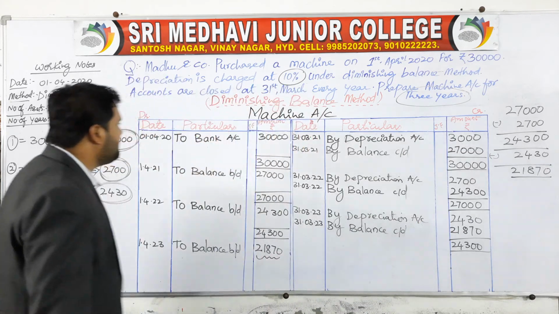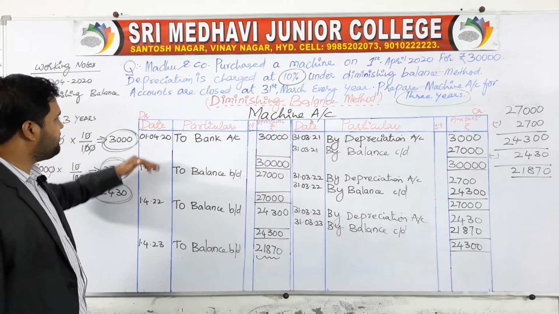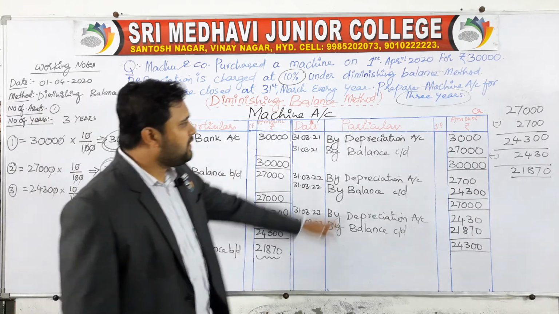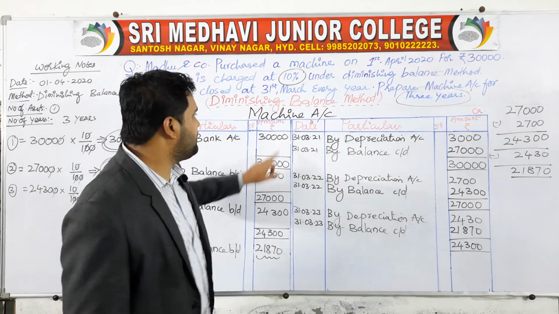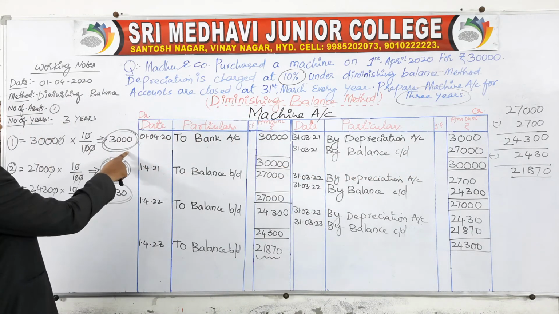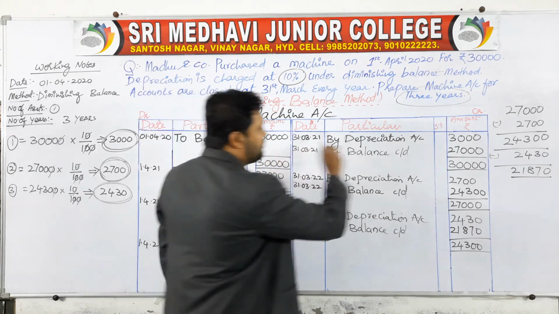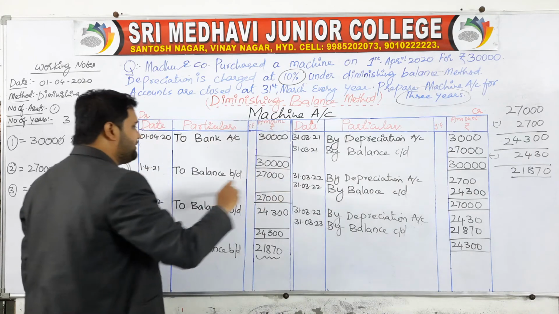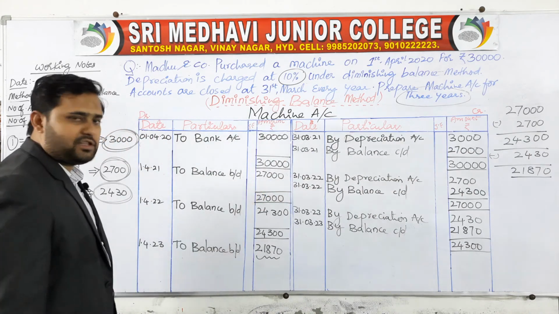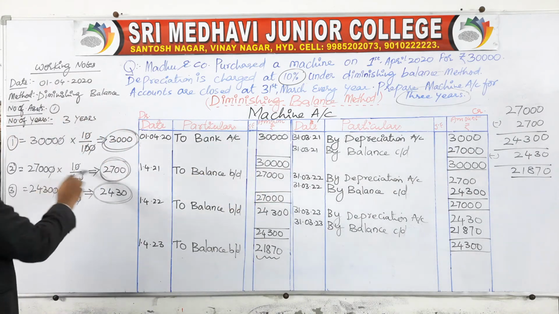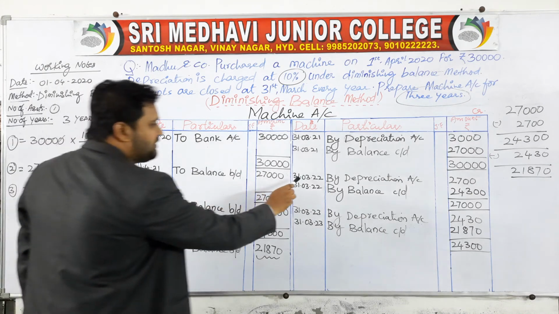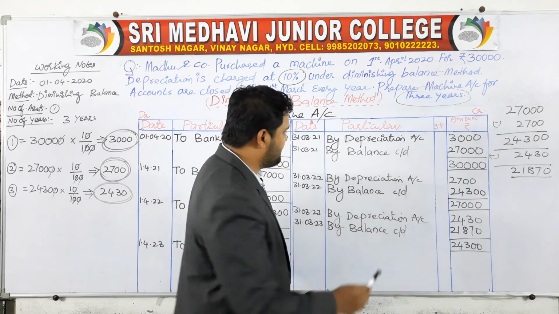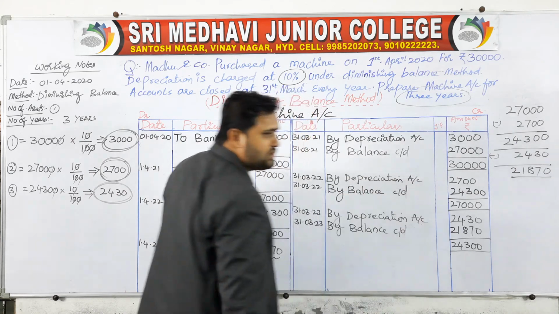Look at how to solve the problem, just like the previous problem. On 1st April 2020, to bank account 30,000. By depreciation, 10% on 30,000, is 3,000. 30,000 minus 3,000 is 27,000. By balance carried down, brought down that balance here, to balance brought down 27,000. 27,000 at 10% is 2,700. So on 31st March 2022, this 12 months depreciation is by depreciation 2,700.